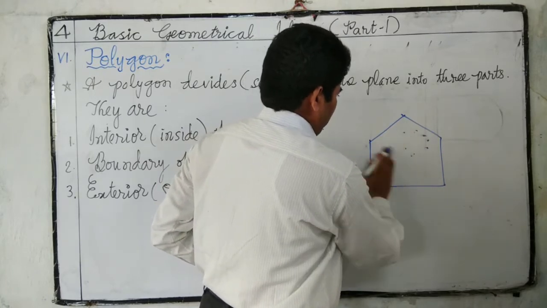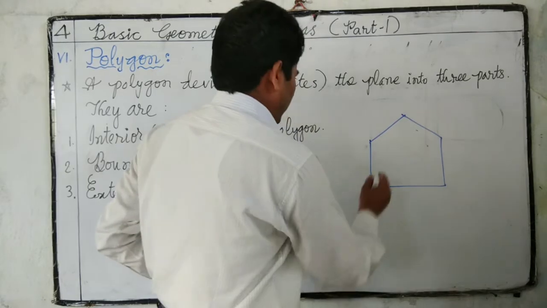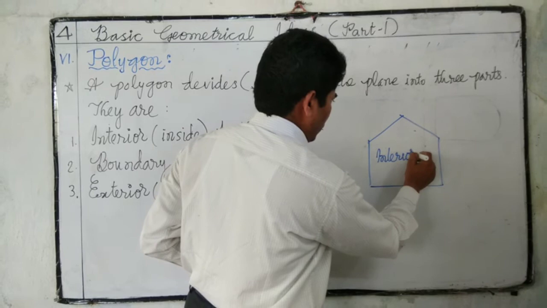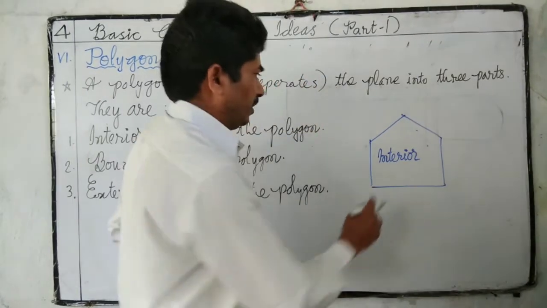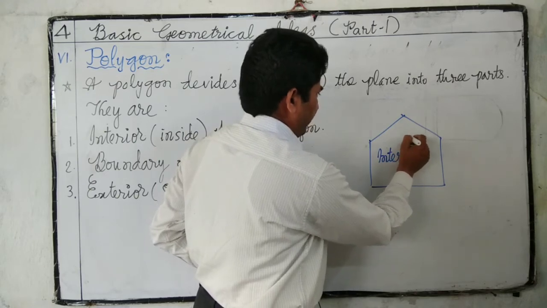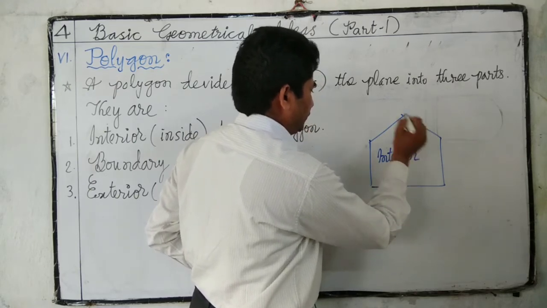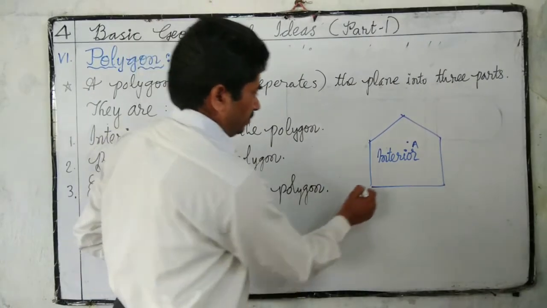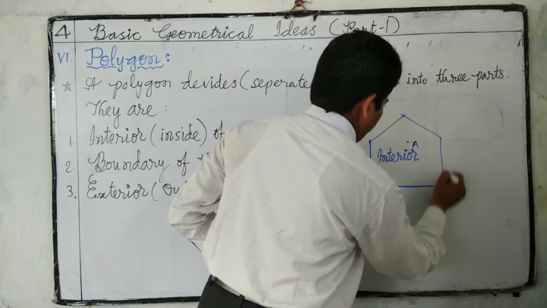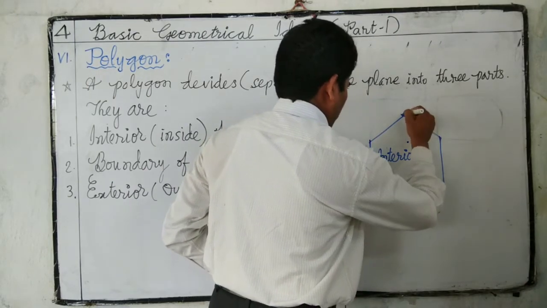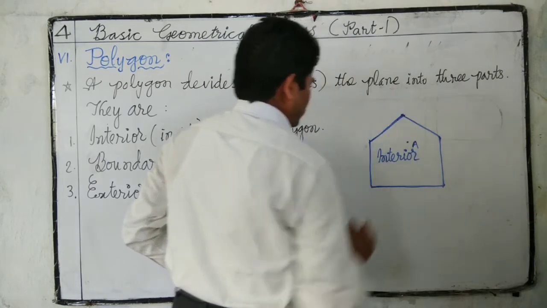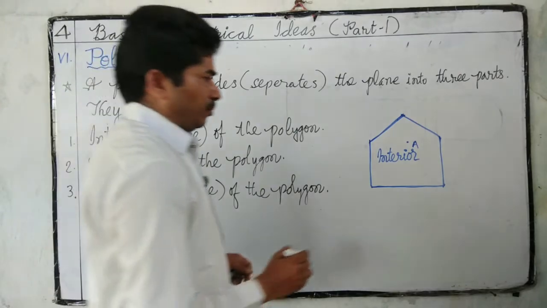This is the interior of the polygon. Example, point A is inside the polygon. Next, this border is the boundary of the polygon.